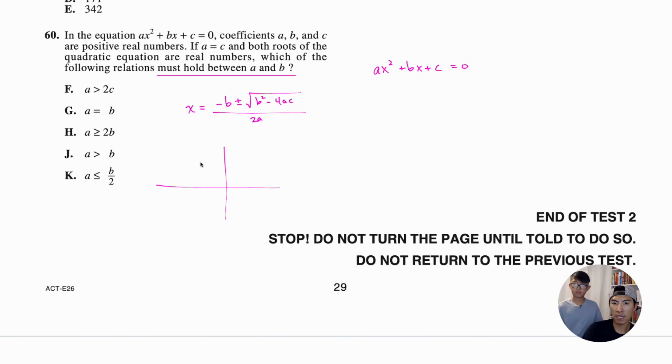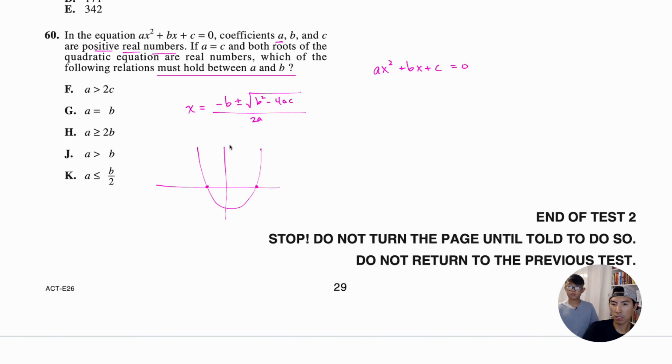Both roots being real numbers means it's crossing the x-axis at 2 points. Since a is positive, this is an upward facing parabola. It's going to have 2 real roots. This equation helps us find those two.